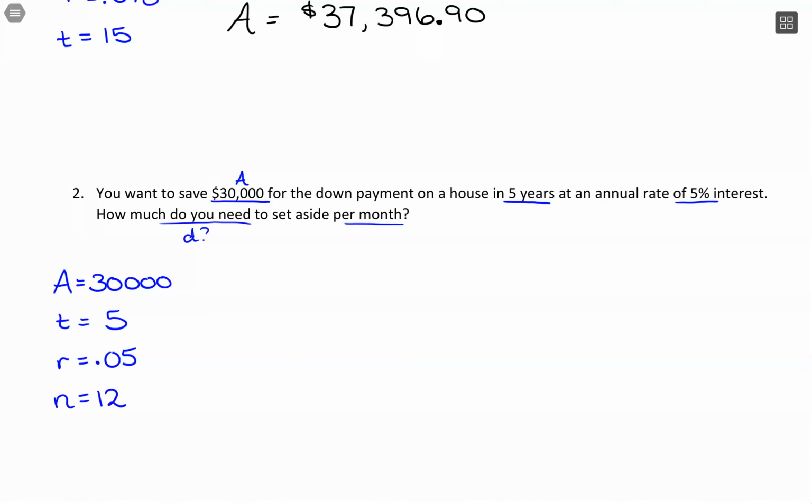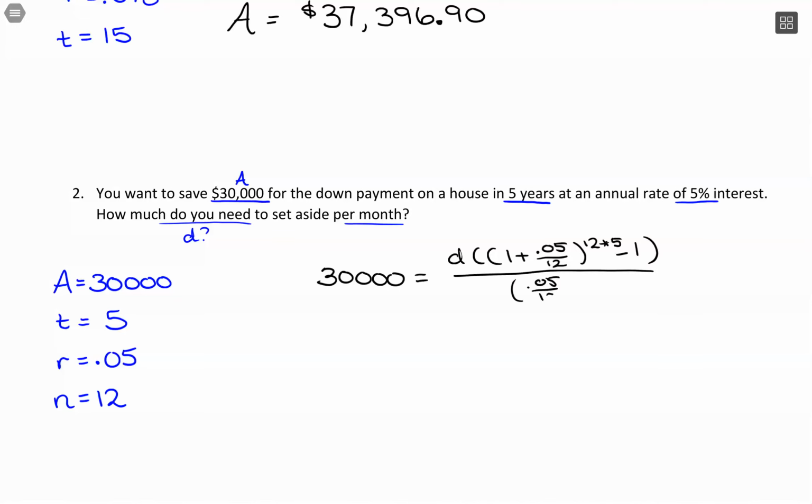So N is 12. So we'll have 30,000 equals D times 1 plus 0.05 divided by 12 to the power of 12 times 5, minus 1, over the 0.05 divided by 12. And then again, you'll want to plug in basically everything but D into the calculator to get a value.